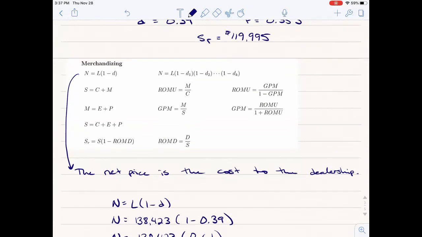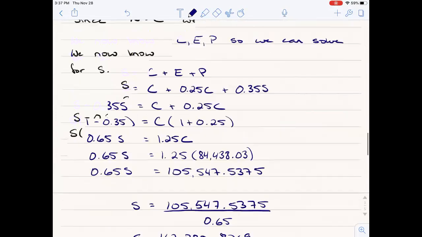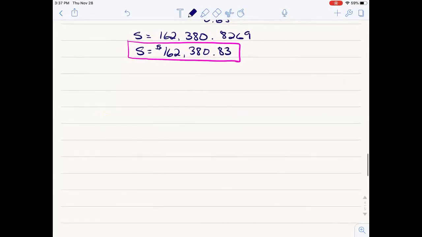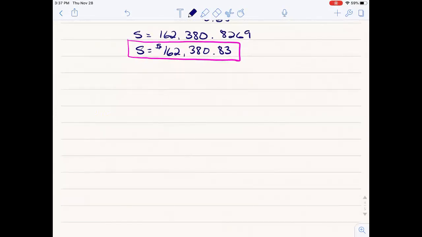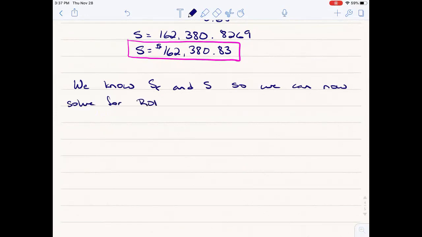If we know the reduced selling price and the selling price, we can easily solve for the rate of the markdown. So let's do that. We know SR and S, so we can now solve for the rate of the markdown.